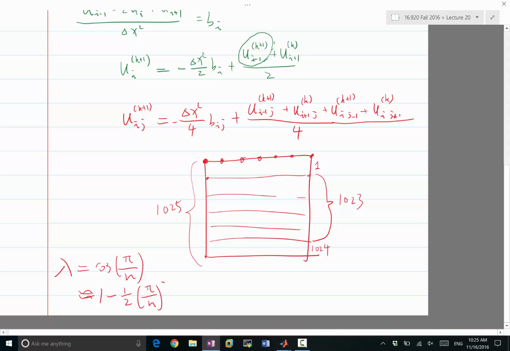My number of iterations required would be proportional to 1 over 1 minus lambda, or log 2 over 1 minus lambda, which is log 2 divided by half of (pi over n) squared. So that goes like n squared. If you double your grid points, you should quadruple your number of iterations to converge to the same accuracy.